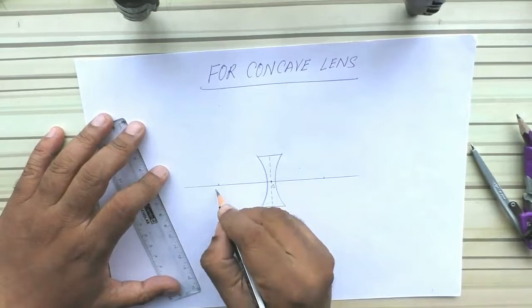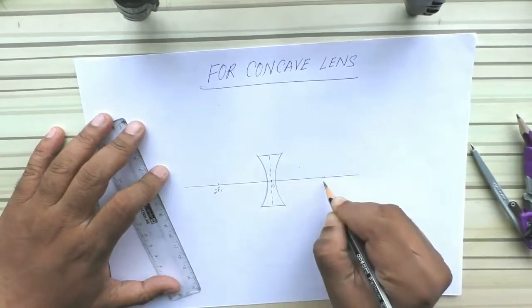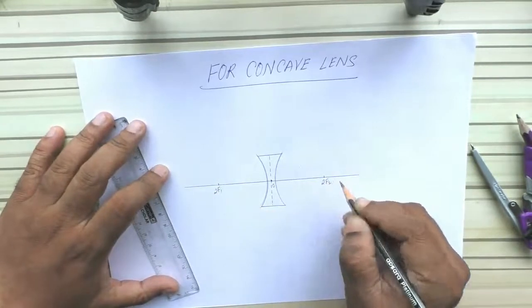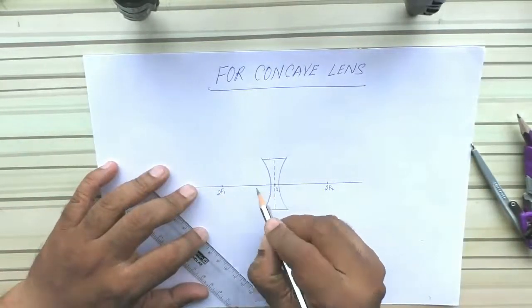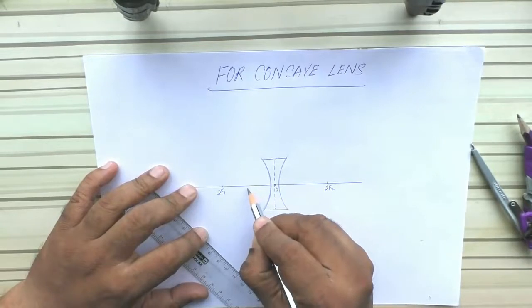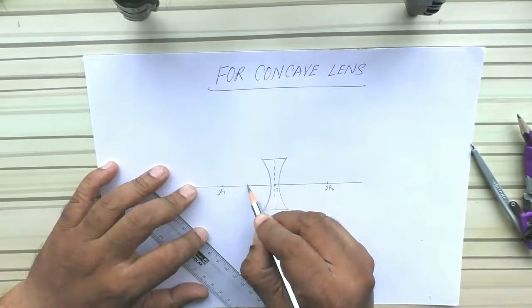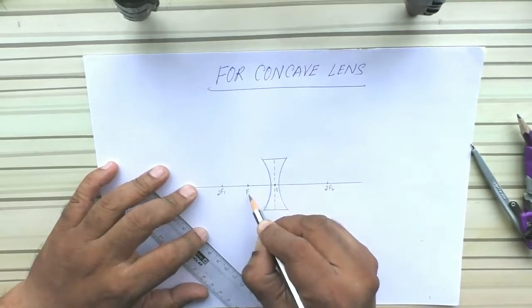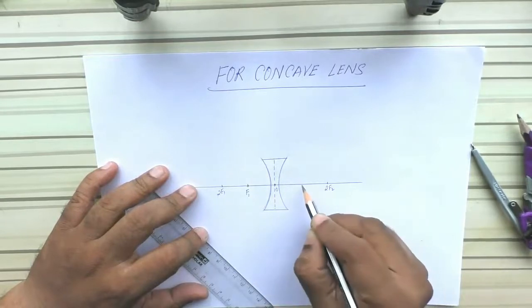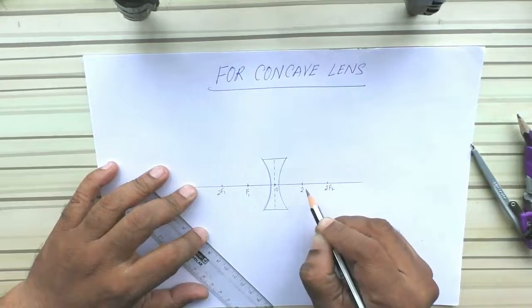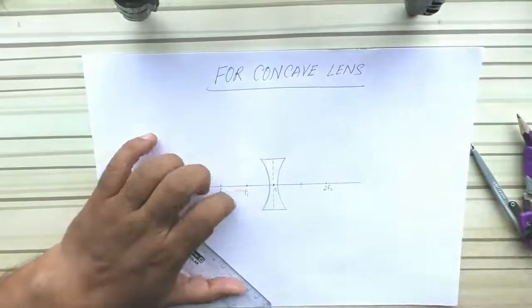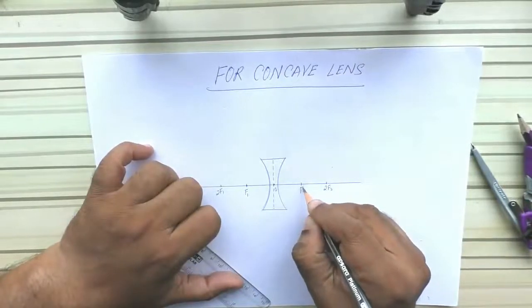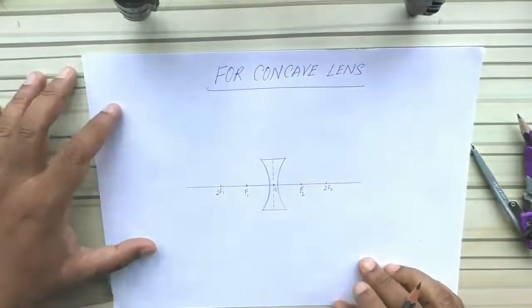That can be labeled as 2f1 and 2f2. Then the midpoint of the optical center and f1 is roughly taken as first focus and second focus respectively. F2 we should write second focus.